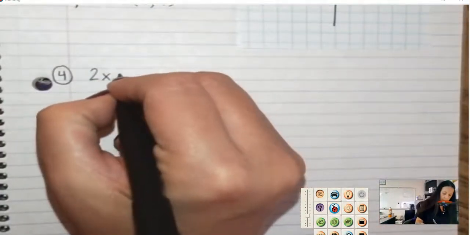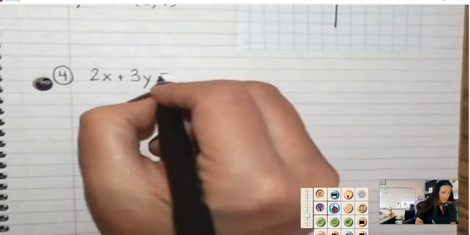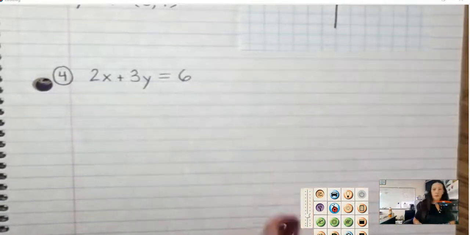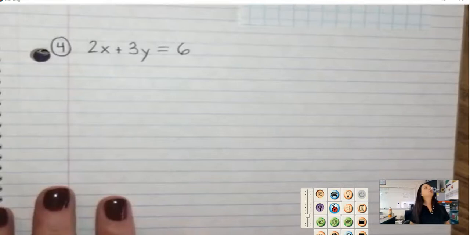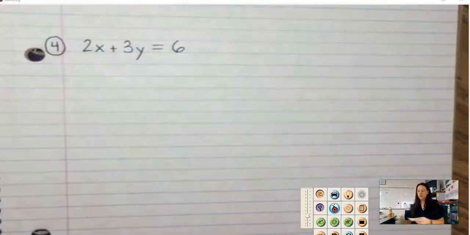2x plus 3y's. We'll do example 3 tomorrow. So we're on number 4. 2x plus 3y equals 6. First, put that into slope-intercept form.